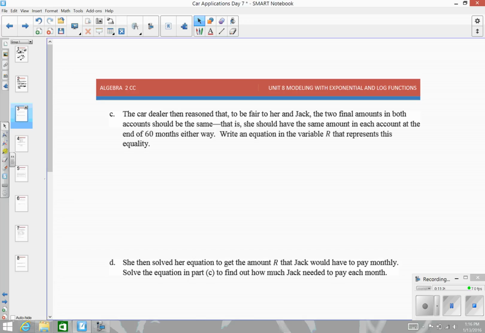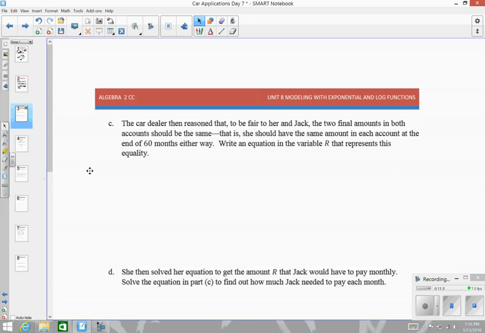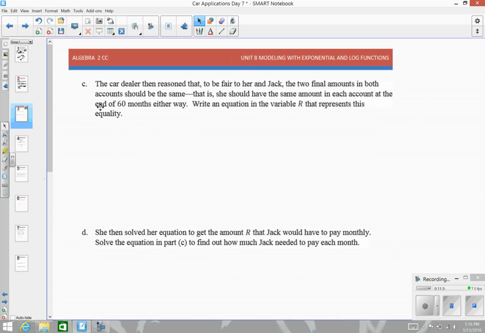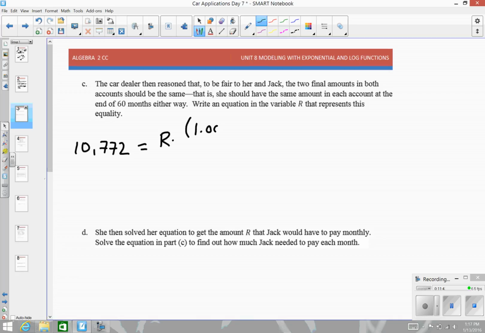So I'm going to write down $10,772 is what I want to have this equal. If Jack's making me payments, which would be R times, and this is the part from B up above, 1.003 to the 60th power minus 1 all over 0.003.